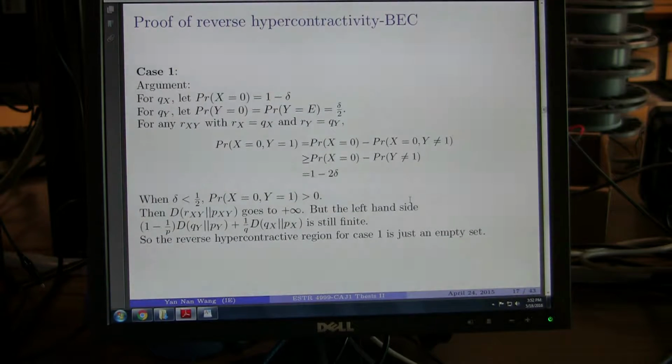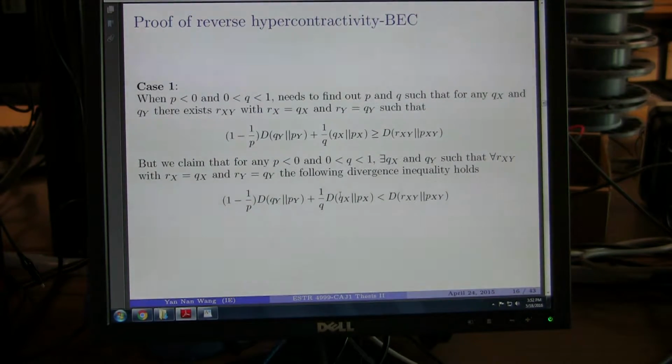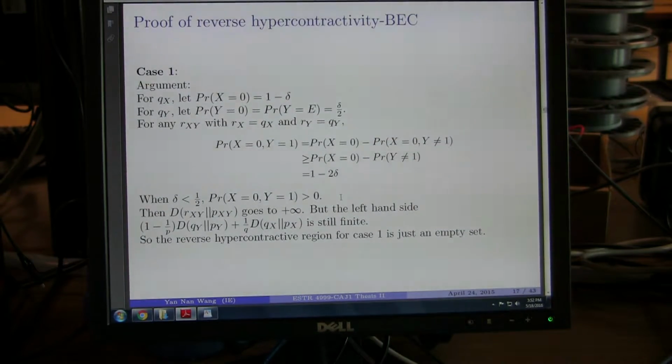As long as we take delta to be less than half, we could see the probability of X equal to 0 and Y equal to 1 is positive. Then R_XY is not absolutely continuous with respect to P_XY, which means the divergence of R_XY with respect to P_XY goes to positive infinity. But the left-hand side of the inequality is still finite, so the reverse hypercontractive region for case 1 is just an empty set.